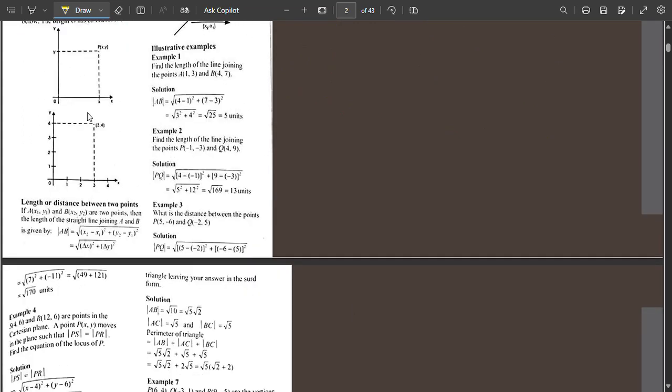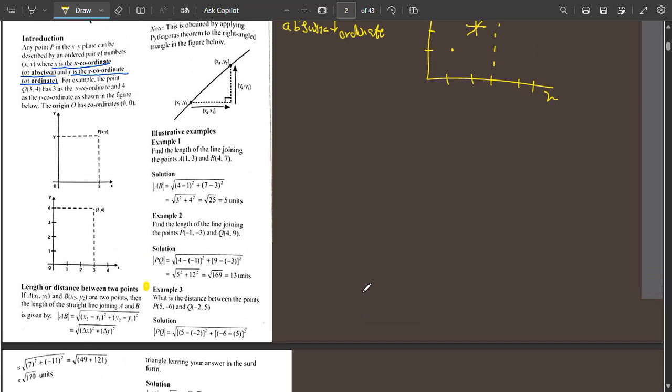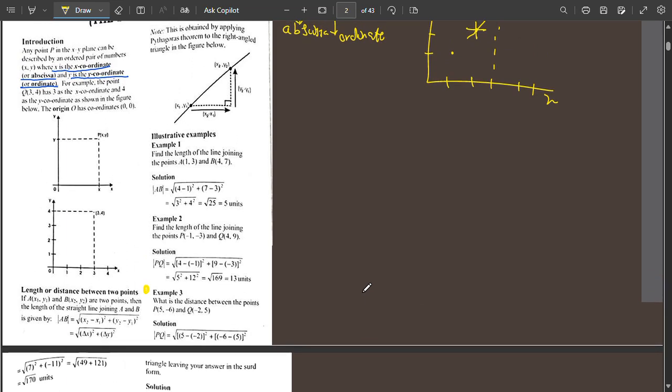So our first subtopic in coordinate geometry about lines is the length of a line, also known as the magnitude of a line. That is the length or distance between 2 points, because if we have 2 points, they form a line.